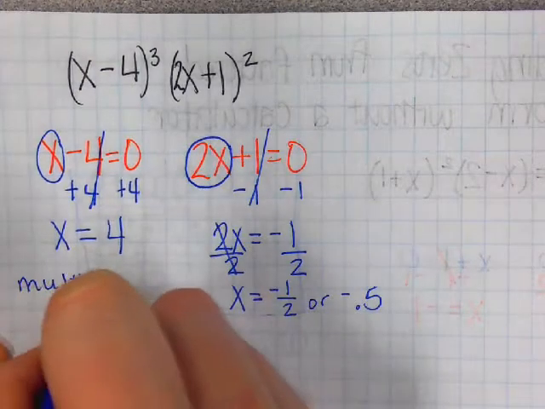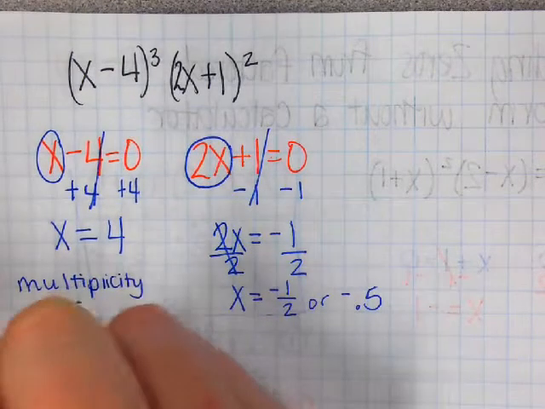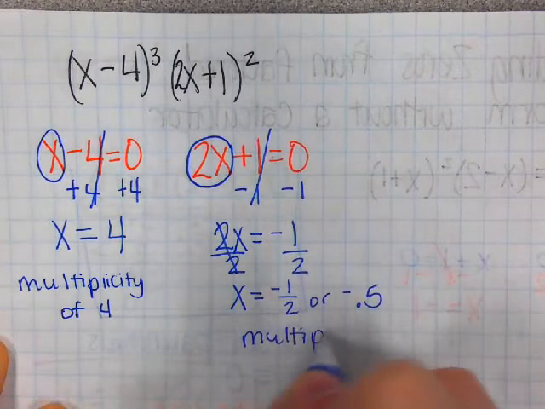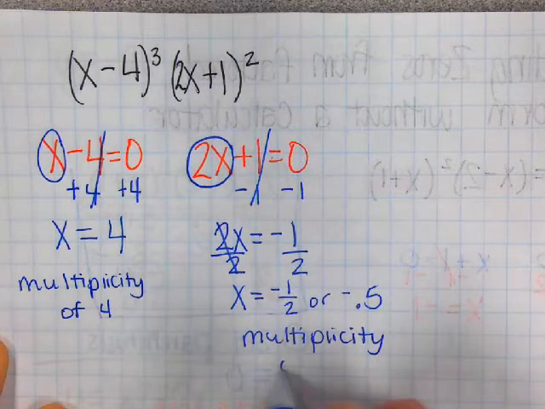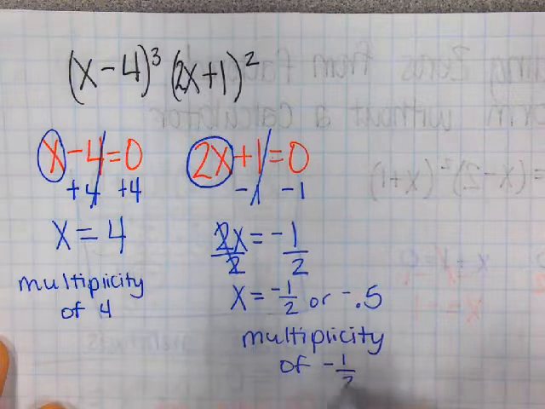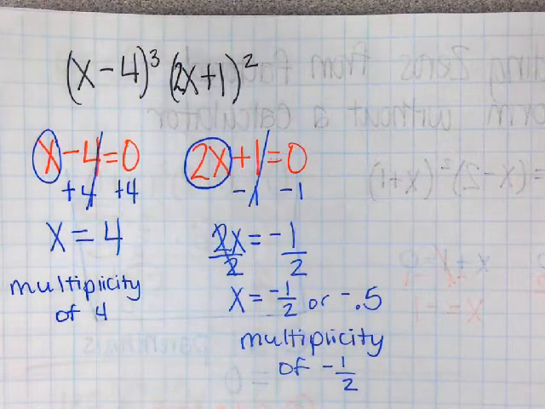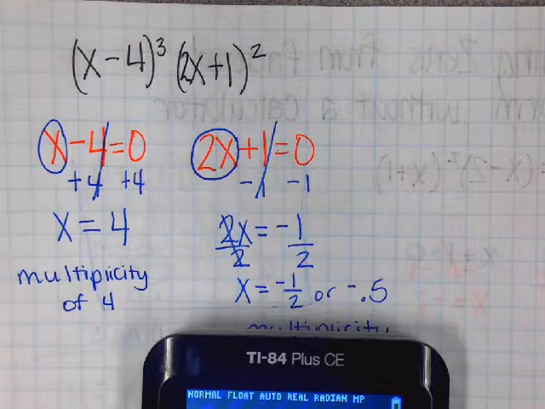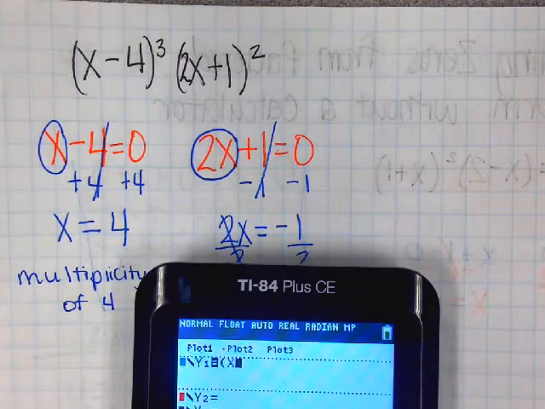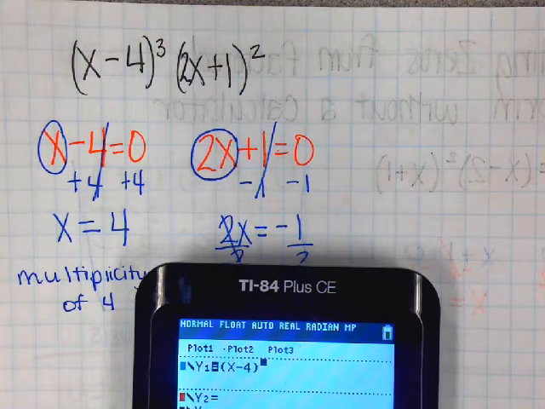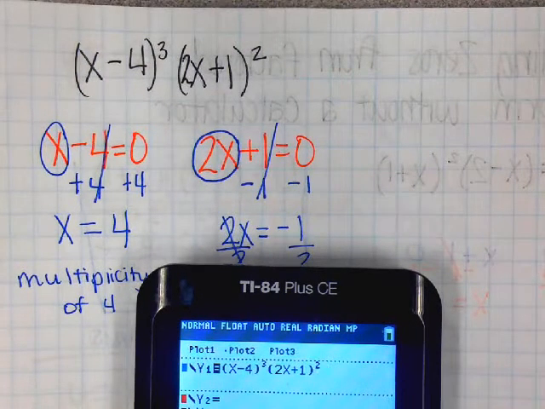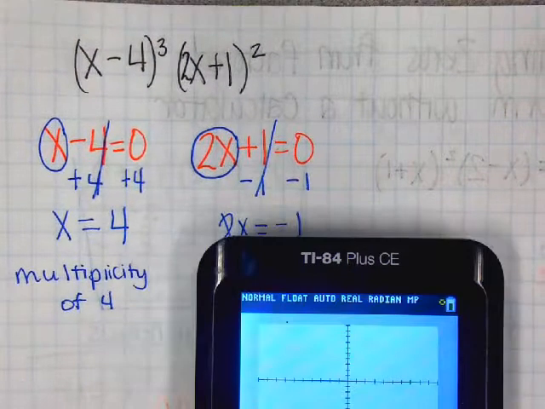Now, you're going to say this has a multiplicity of 3 at 4 and a multiplicity of 2 at -1/2. So x minus 4 cubed, 2x plus 1 squared.